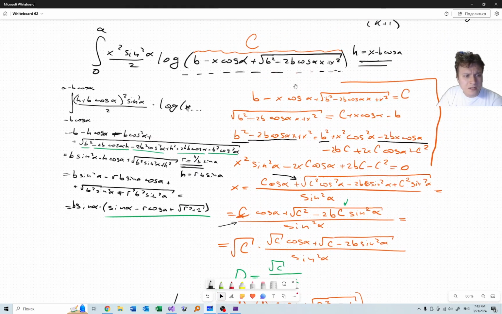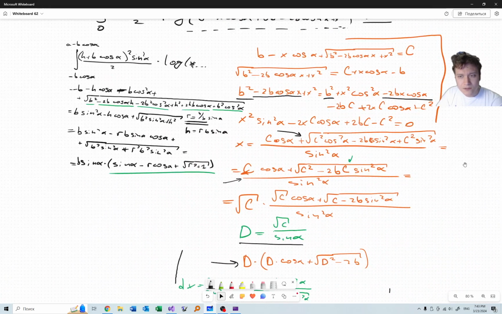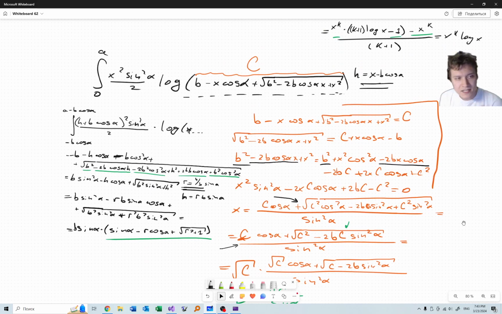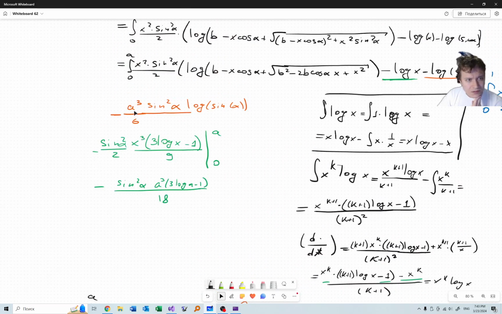Oh, it's hard to upsolve a problem which you have totally forgotten. So, what do I expect to see? Yes, so here I have minus alpha cubed sine squared alpha over 6 times logarithm... no, here.